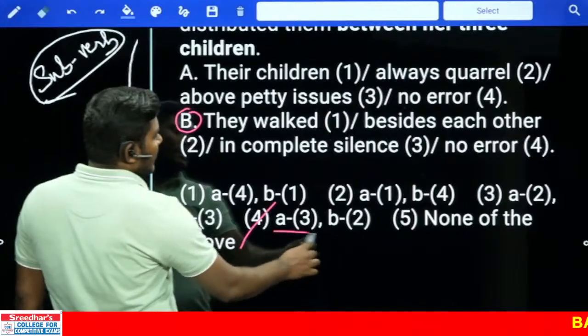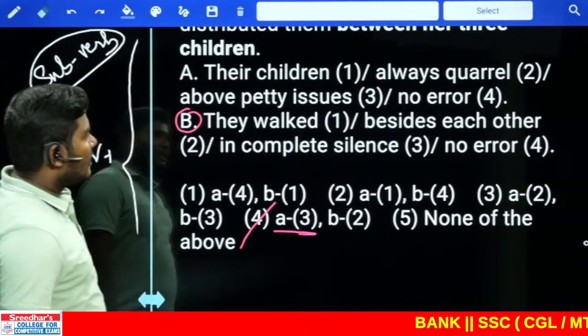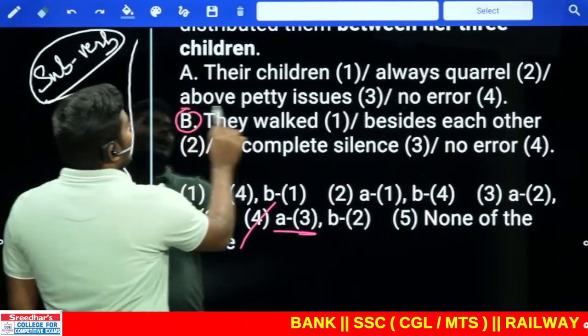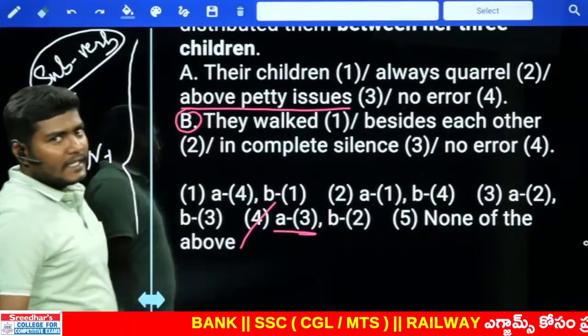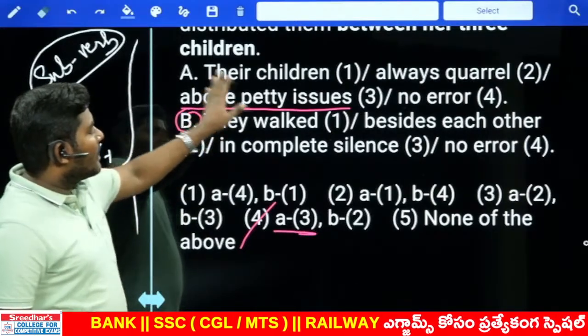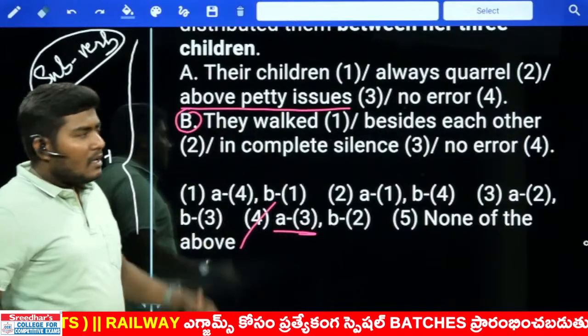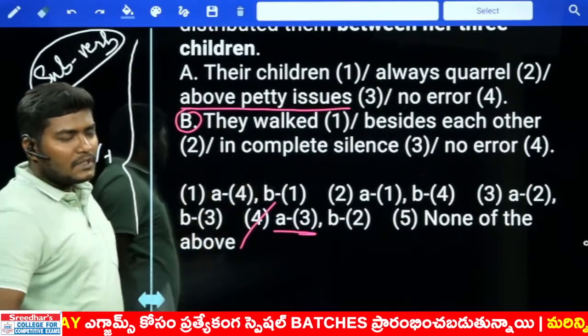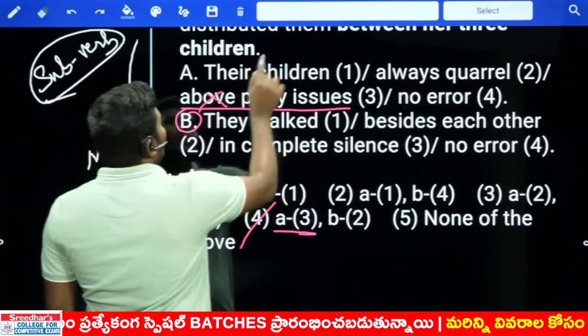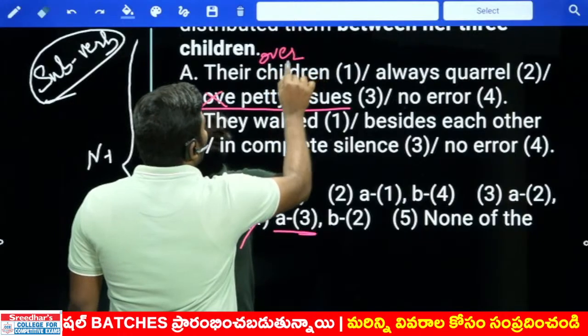Now most probably our answer in the A part should be only the third part. What is the third part? We already have "above petty issues." I already underlined it previously. Now look at the statement: "Their children always quarrel dash petty issues." "Quarrel dash petty issues" is nothing but "quarrel over issues."